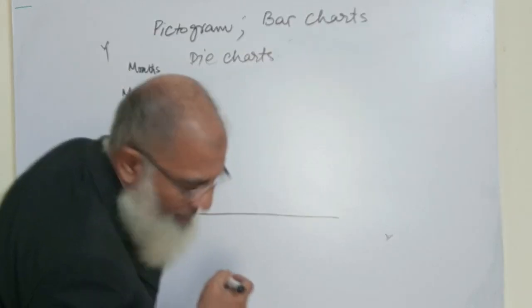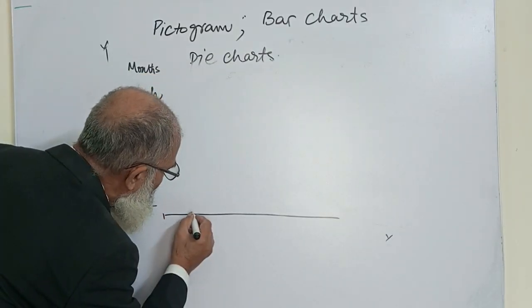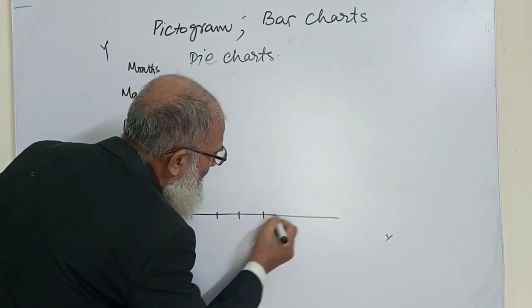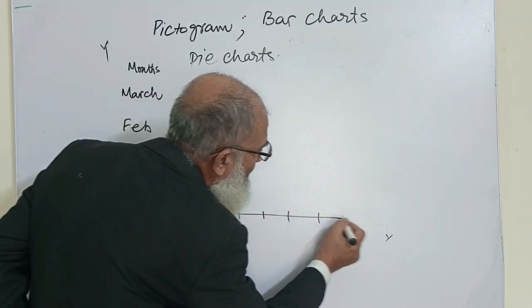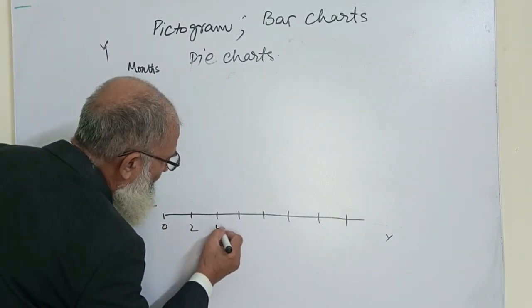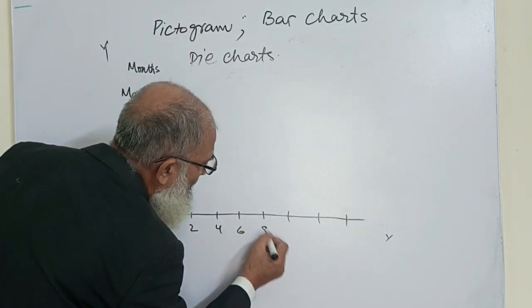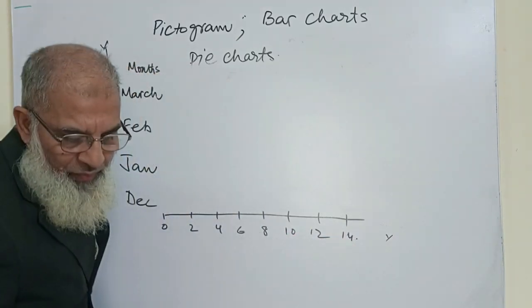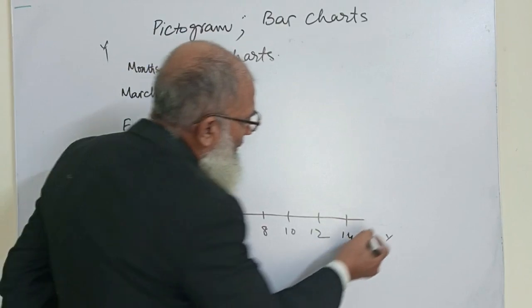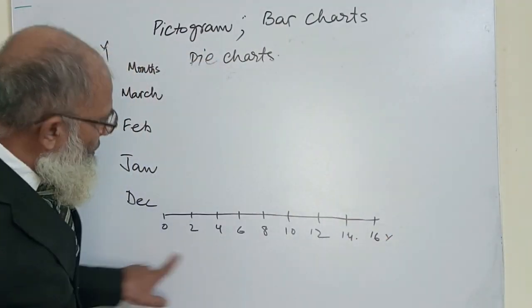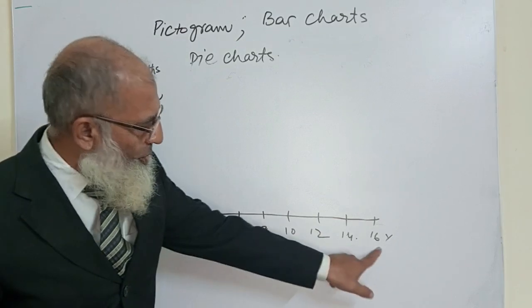How many days are there? 0, 2, 4, 6, 8, 10, 12, 14, 16. Now we have taken from 0 up to 16 days.